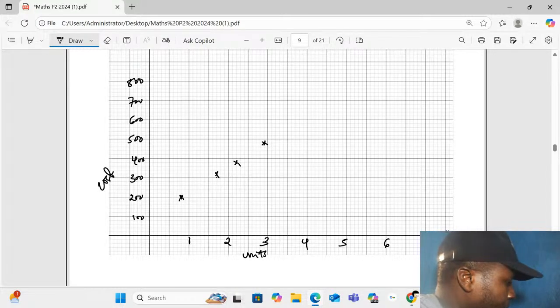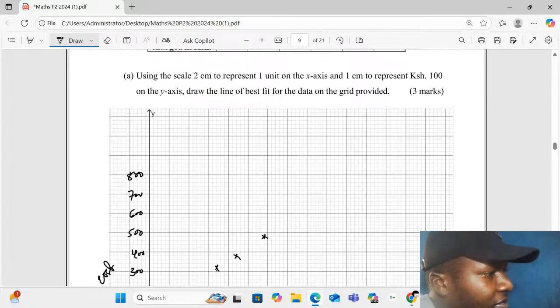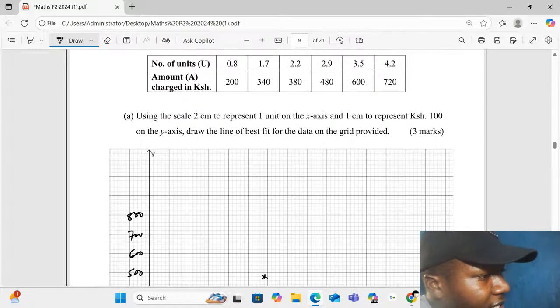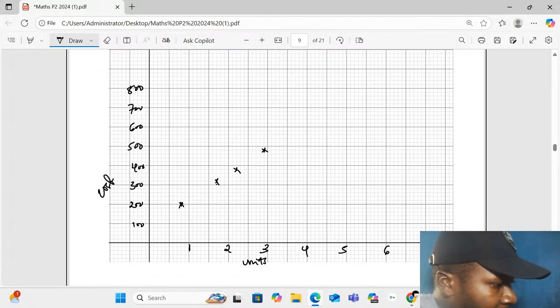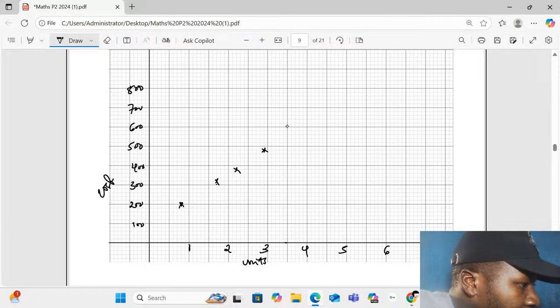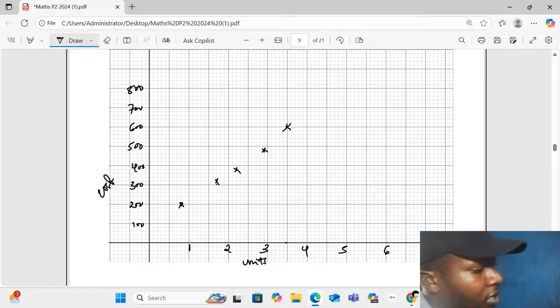Then 3.5 is 600. So 3.5 here is 600. This is the point.